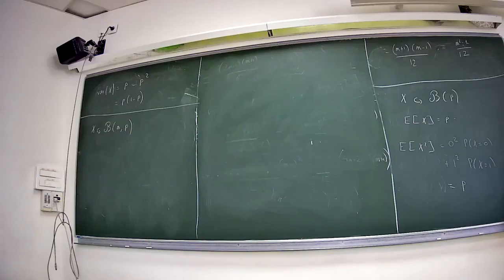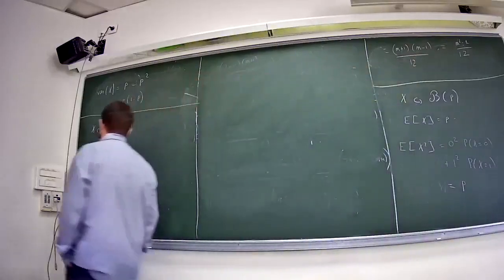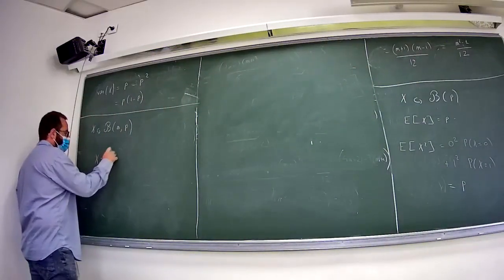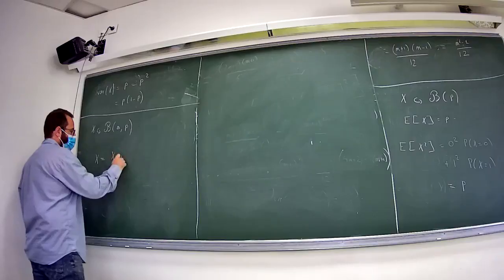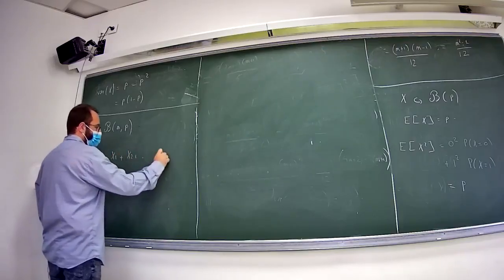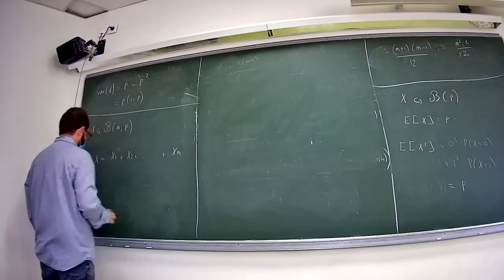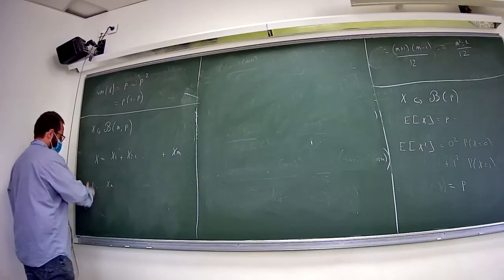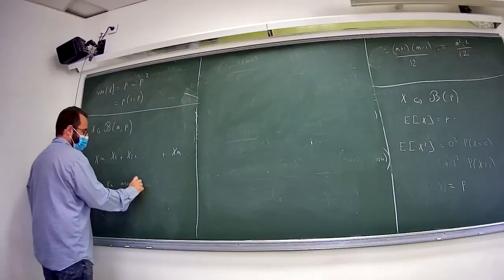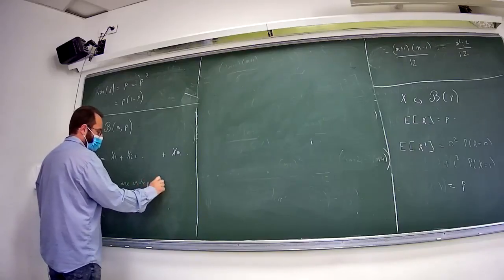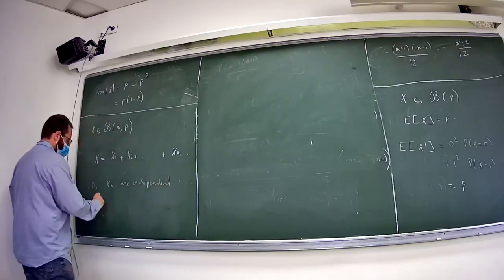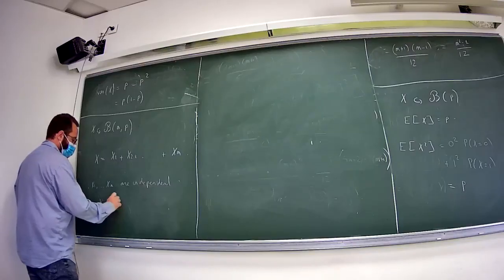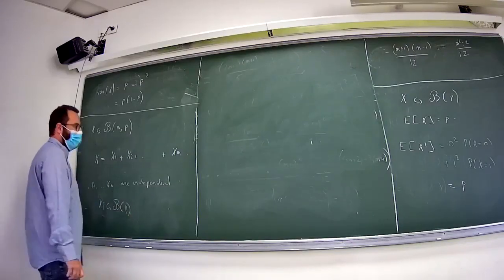We have seen together that a binomial may be seen as a sum of independent Bernoulli. I can write x as x1 plus x2 plus ... plus xn, where x1, ..., xn are independent, and all of them follow the Bernoulli of parameter p.